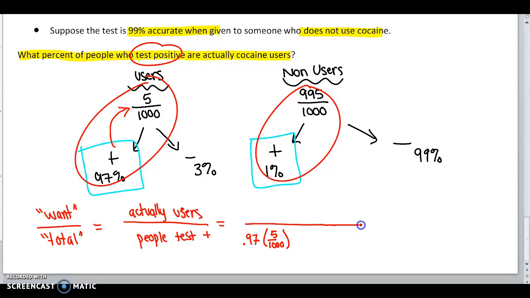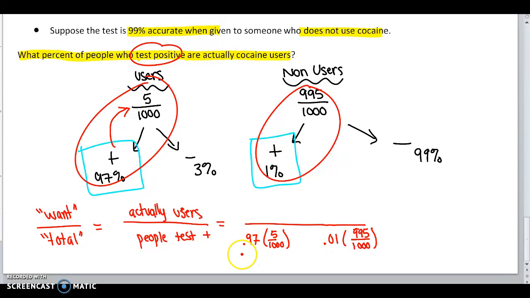Okay, the other scenario is you can be a non-user and test positive. And that's 1% of people, which you write as 0.01. So 1% of the 995 people would test positive, which would be very unfortunate, but a small chance that would happen.